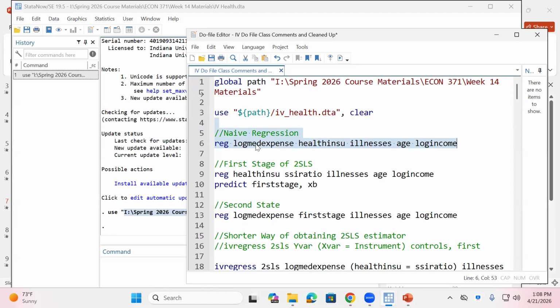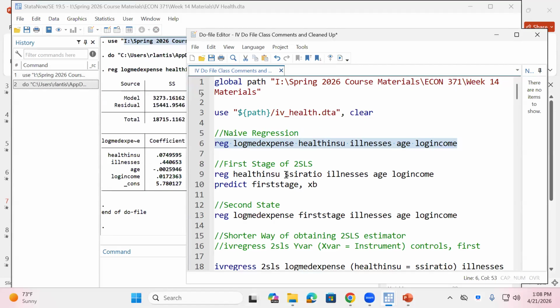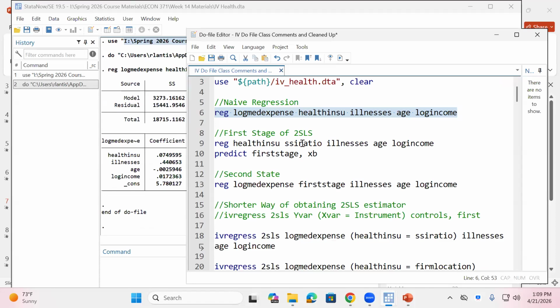So I'm looking here and I think, okay, what could be a good instrument, right? Because if I run this regression, and I'm thinking about all of these variables here, whether or not I get health insurance is likely dependent on a lot of other things that would influence my medical expenses, right?